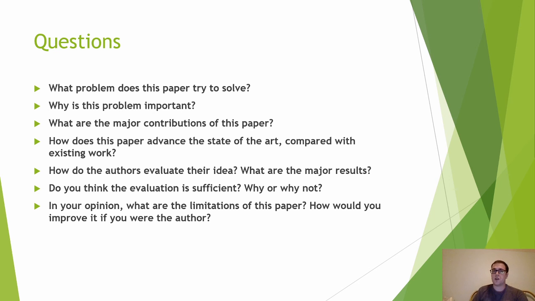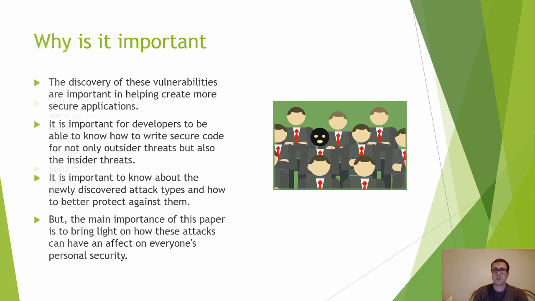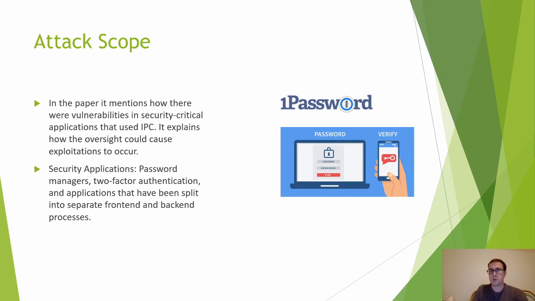So instead of just covering the password manager, two-factor authentication, and the applications that have front-end and back-end processes, I think it's important to also talk about other things that could possibly be affected by IPC related communication.